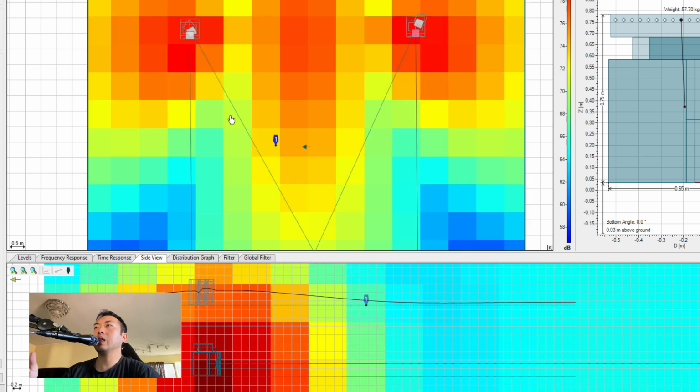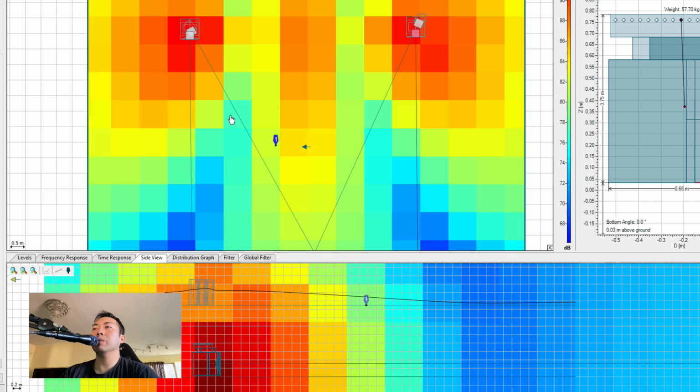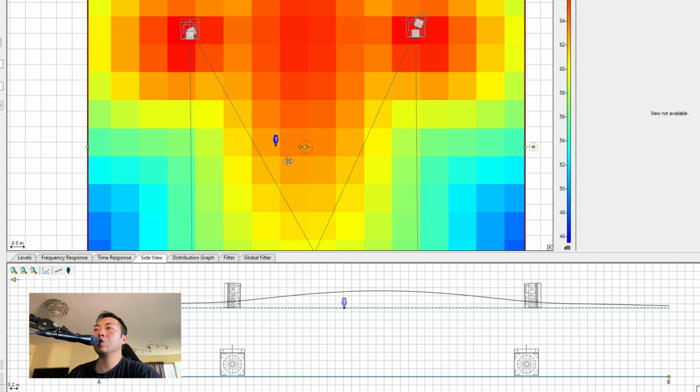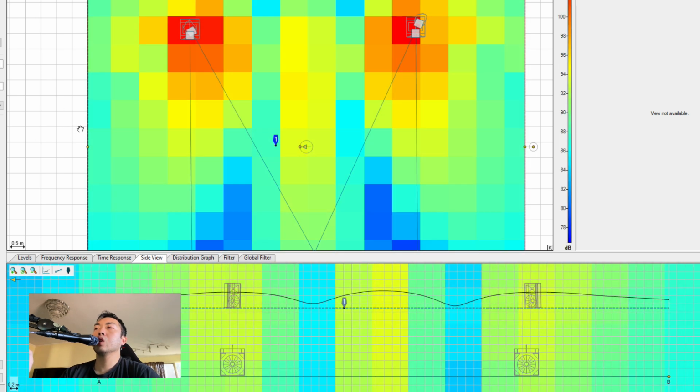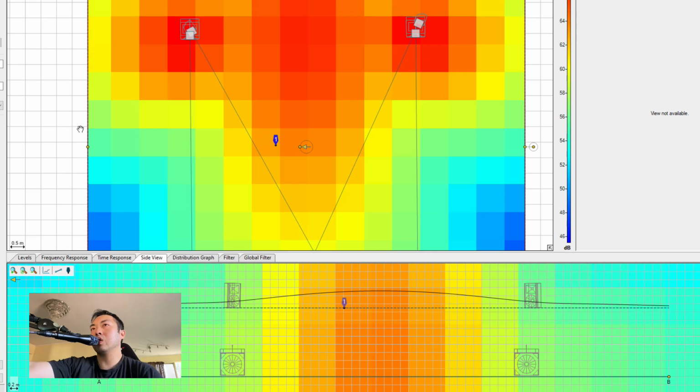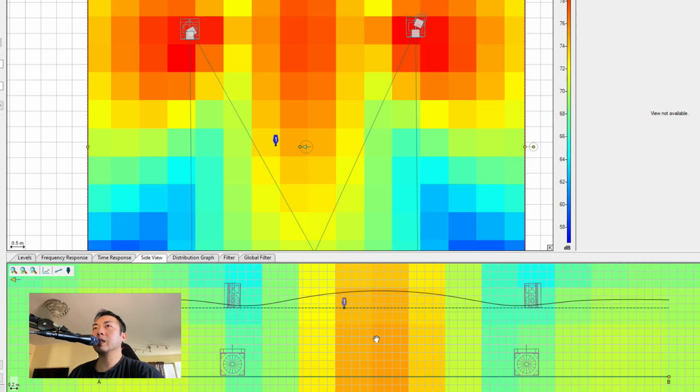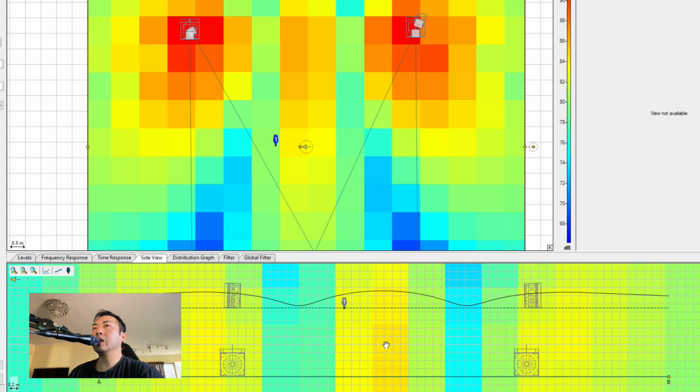So you can see already we have the power alley problem. So this is why you should never, ever, ever put subwoofers too far apart. You can see both on the top view and the side view, there is a central band of power, but it only stays in the central band.